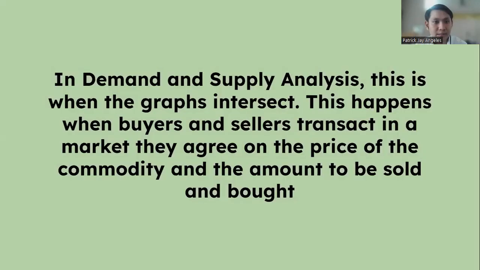Equilibrium price is when, in the demand and supply analysis, this is when the graph basically intersects. Okay, I'll be showing examples to you later on how it intersects. But the equilibrium happens when the buyers and sellers transact in a market where they agree on the price of the commodity and the amount to be sold and bought.